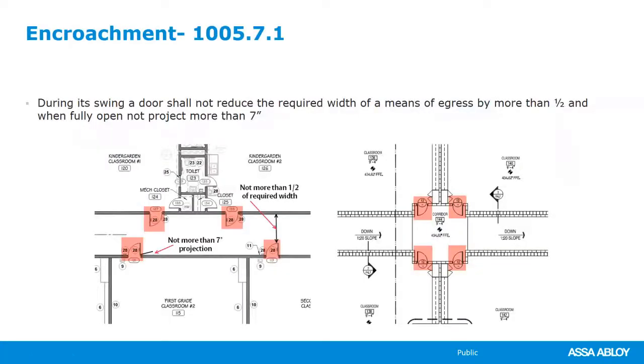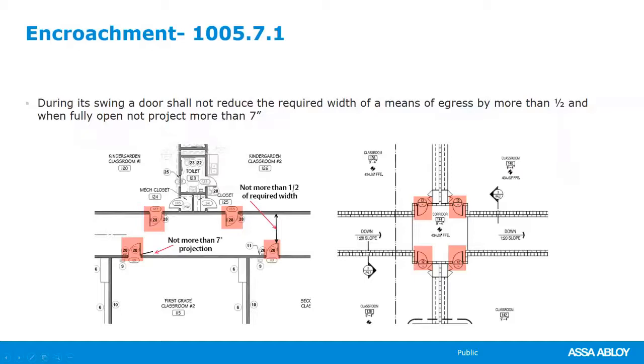Encroachment. During its swing, when a door swings out onto an egress corridor, it shall not cut down the required width by more than a half, and when fully open, not project more than 7 inches into the clear opening width. Oftentimes, recessing the doors so that they can swing against a wall is a better option.